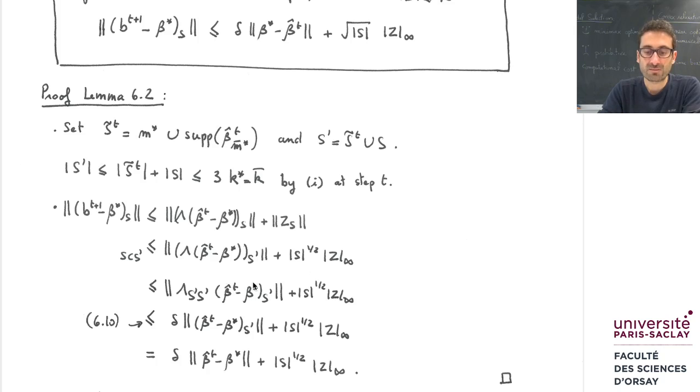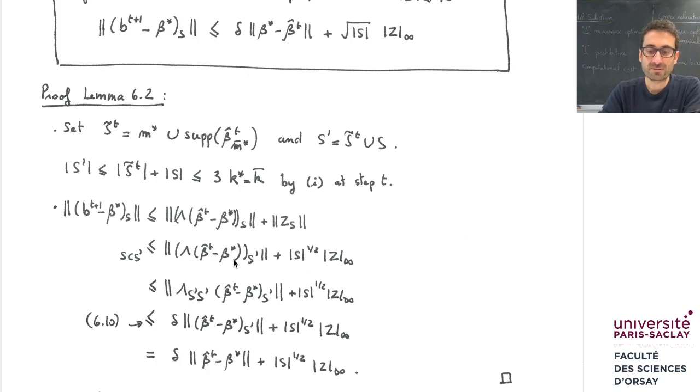In addition, we are looking at the entries which are in S prime. So it means that you are only looking at the entries which correspond to the rows in S prime of lambda, right?